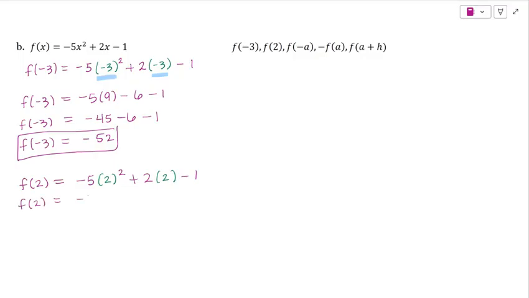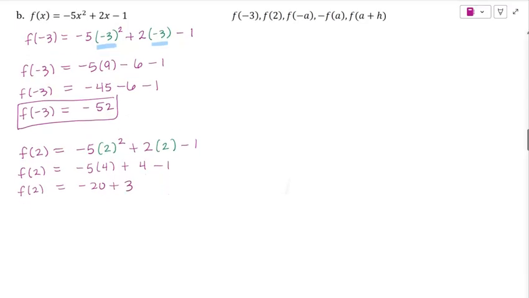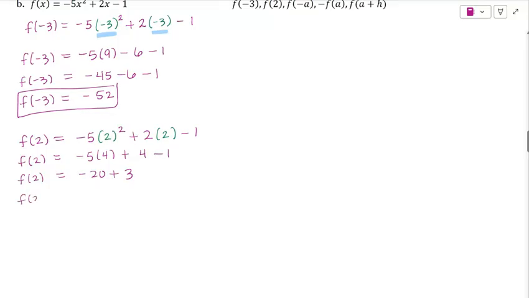So we'll have negative 5 times 4 plus 4 minus 1. Negative 20 plus 4 minus 1 is 3. So we're getting negative 17.